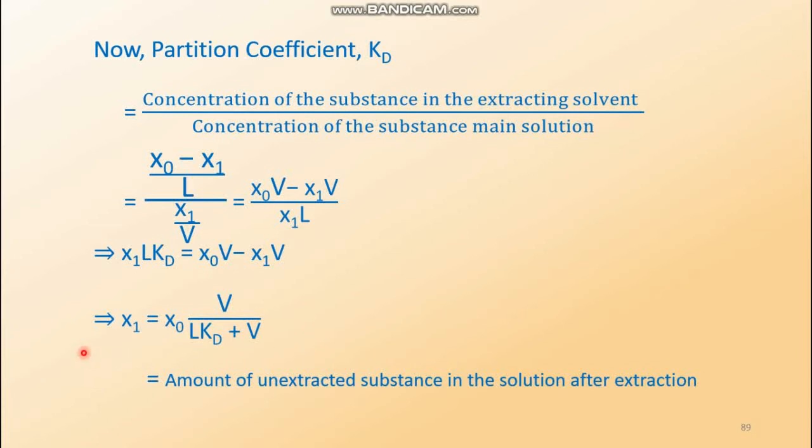As x0 and x1 are related, after the second operation x2 and x1 are related in the same manner. So after the first extraction it is x1, and after the second extraction x2 should be x1 into this parameter V by L Kd plus V.